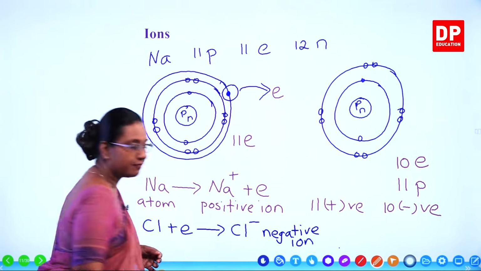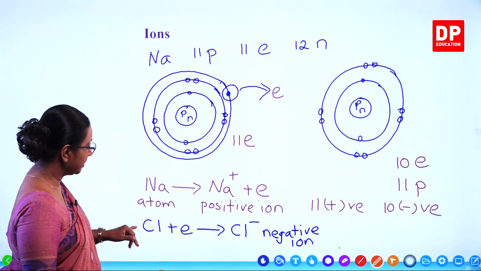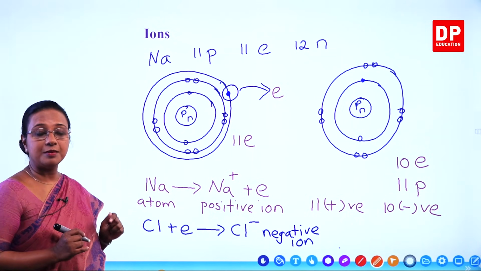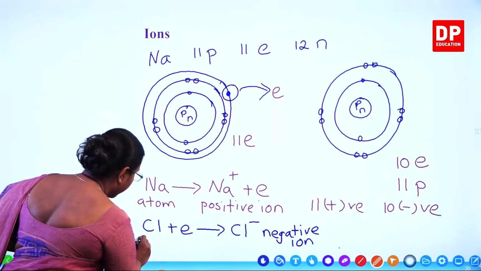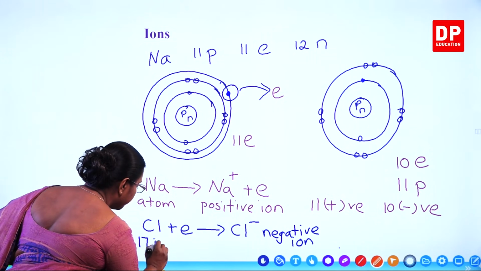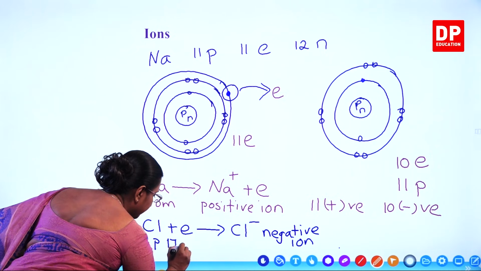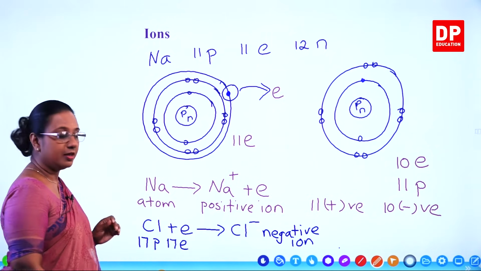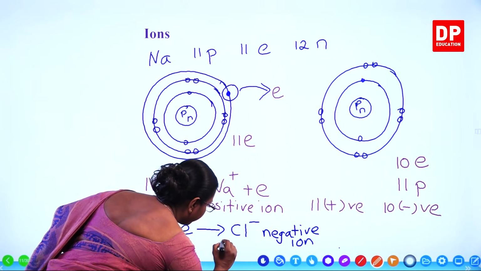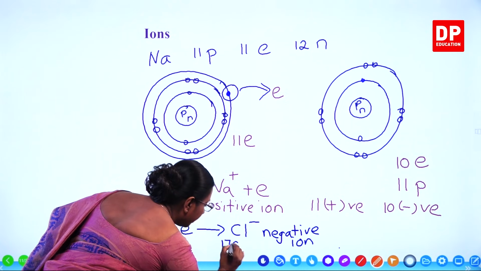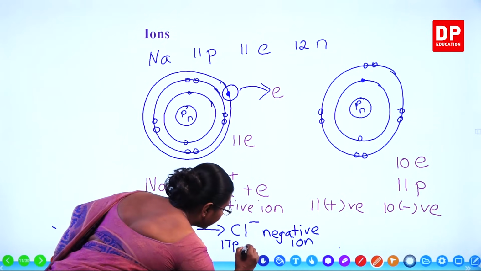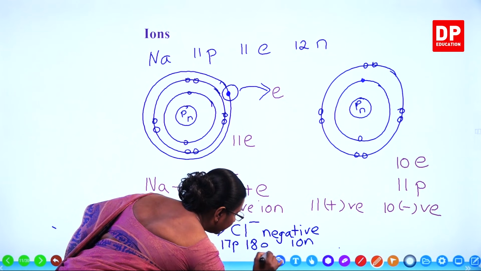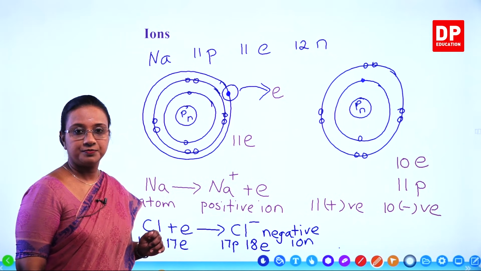In this negative ion, you can see chlorine, the atomic number is 17. We discussed that before. So, there are 17 protons and 17 electrons here. But when the negative ion forms, there are 17 protons. The atomic number is the same, but there are 18 electrons.